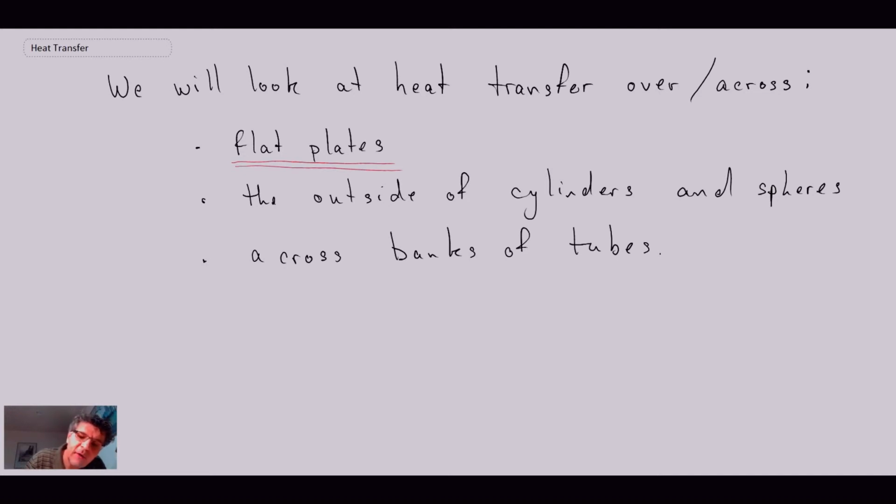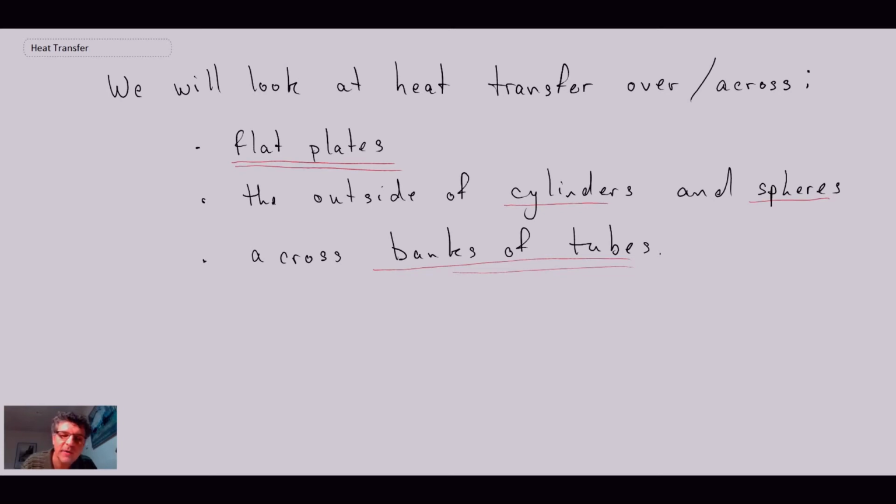Then we're going to look at the flow that we call external flow over things such as cylinders and spheres. And then we're going to be looking at tube banks. And tube banks are quite commonly found in cross-flow heat exchangers, and consequently that is the interest that we have within this course. We refer to them as being forced convection external flows. And then after we go through all of that, we'll be moving into internal flow, which would be pipe flow, but that will be in later lectures.